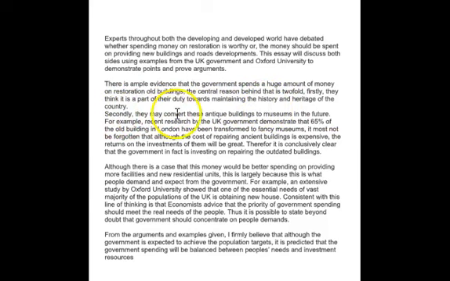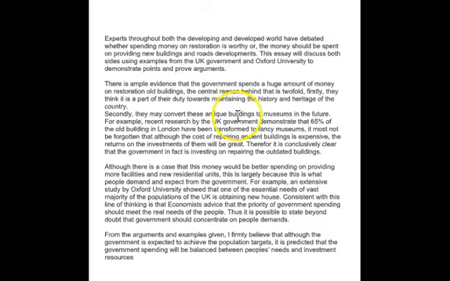Secondly, they may convert these antique buildings to museums in the future. Okay, so they may convert these historical buildings instead of antique. Historical buildings. Antique is normally for an object, like a piece of furniture or, for example, a piece of jewellery.